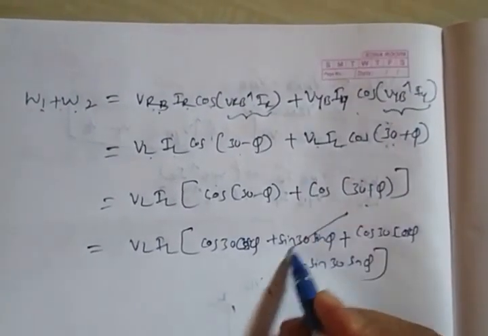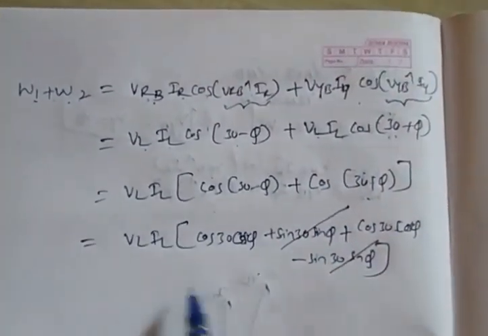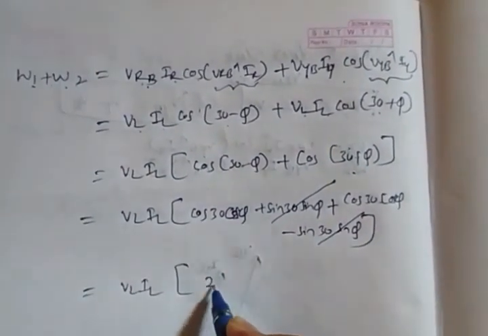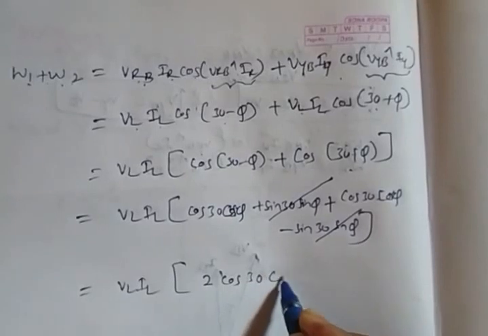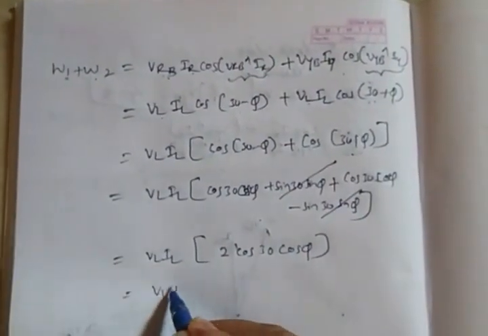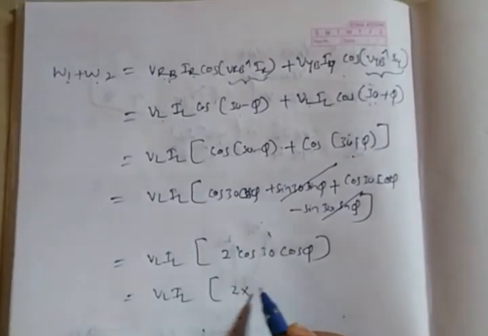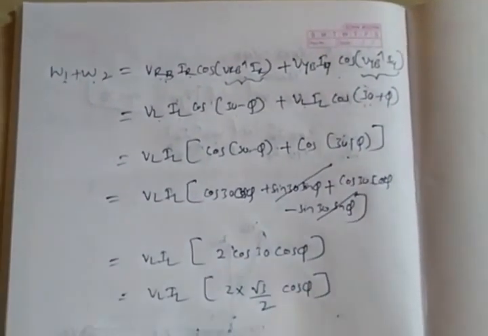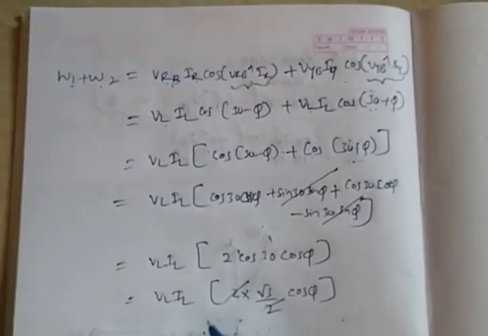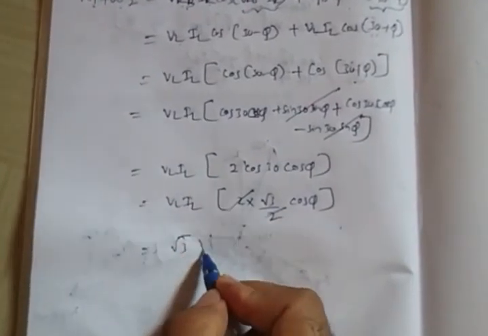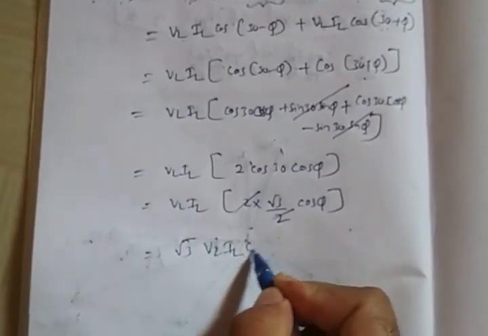So plus sin 30 sin phi minus sin 30 sin phi will be cancelled. So we will get only VL IL into 2 times cos 30 into cos phi, and VL into IL into 2 into cos 30 means root 3 by 2 into cos phi. So 2 will be cancelled. You will get the resultant root 3 into VL IL into cos phi.